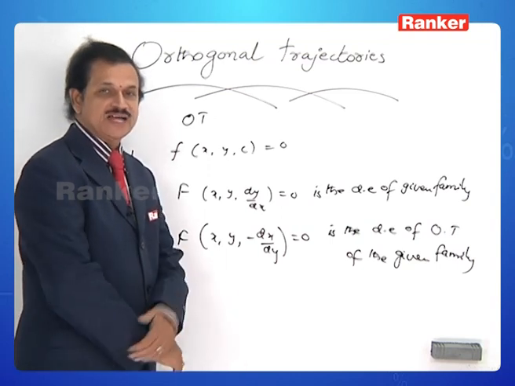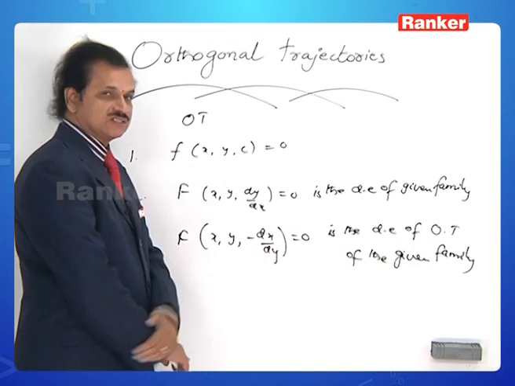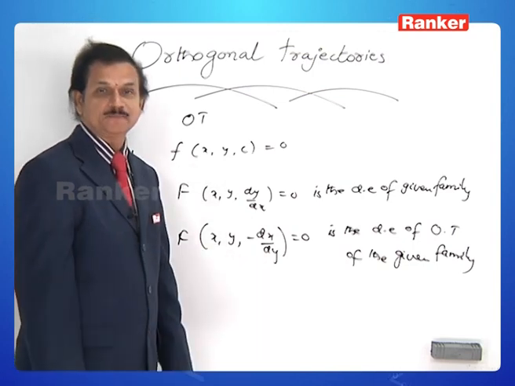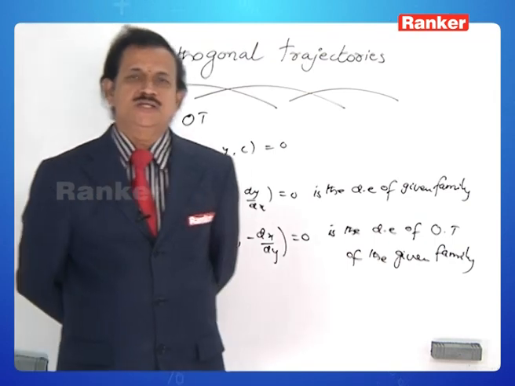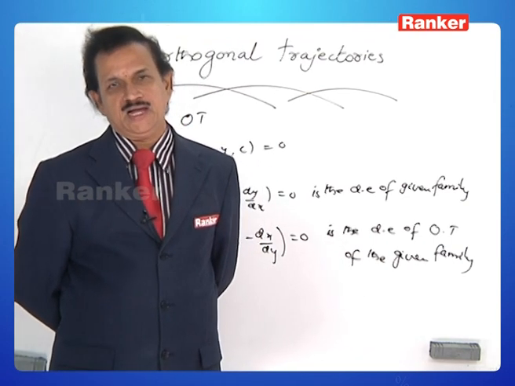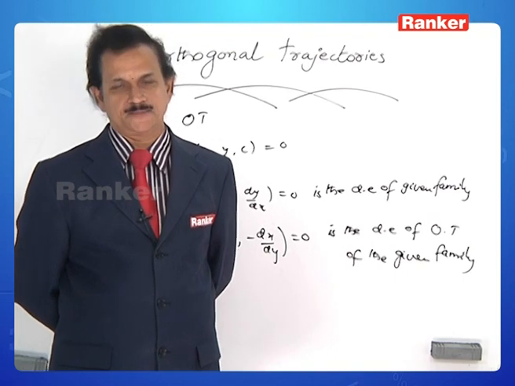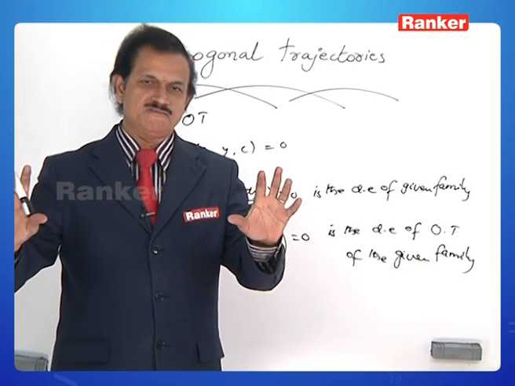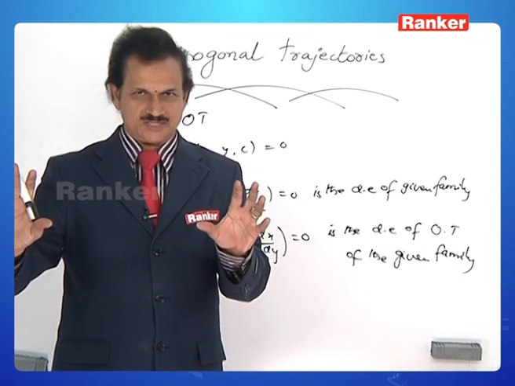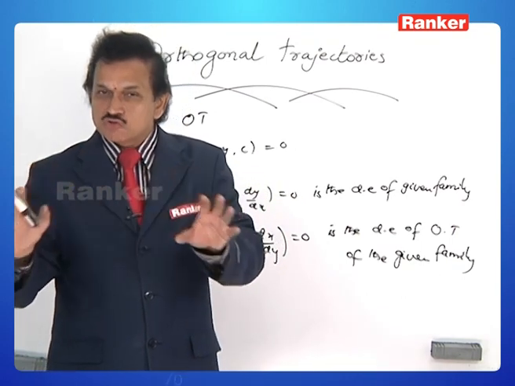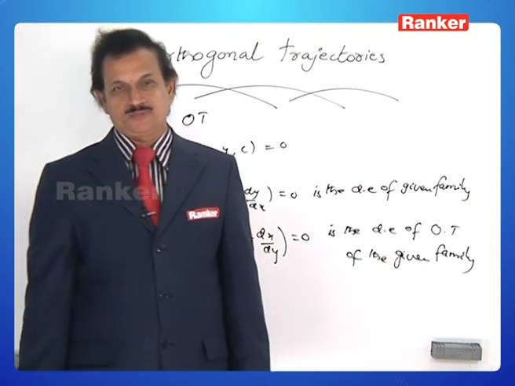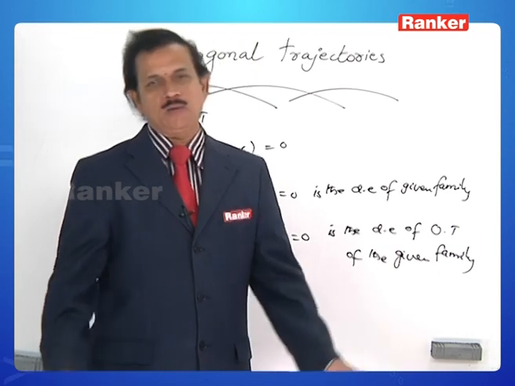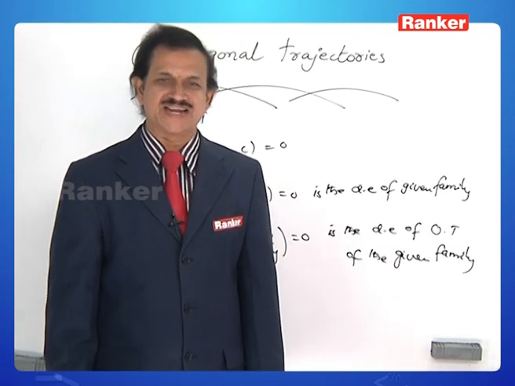How do you agree with that? How can you understand this style? Actually, we want to have the orthogonal trajectory. Let this be the given curve, and let this be the required orthogonal trajectory. What is the condition required? These two must be orthogonal. When can you say that two curves are orthogonal? When and only when the angle of intersection is 90 degrees.